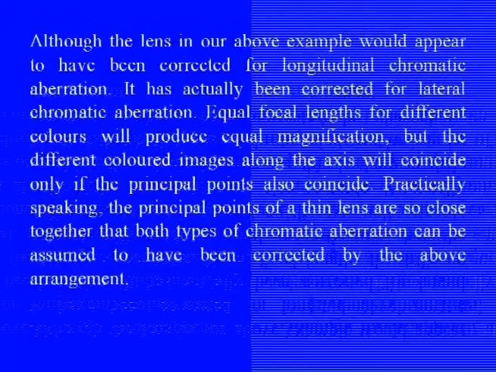But practically speaking, the principal points of a thin lens are so close together that both types of chromatic aberrations can be assumed to have been corrected by the above arrangement, in which you have two thin lenses, one concave, the other convex, of different materials, satisfying that relationship of omega by f plus omega prime by f prime equal to 0.